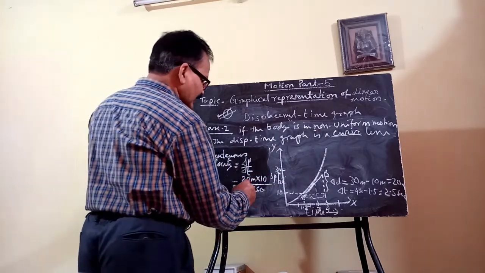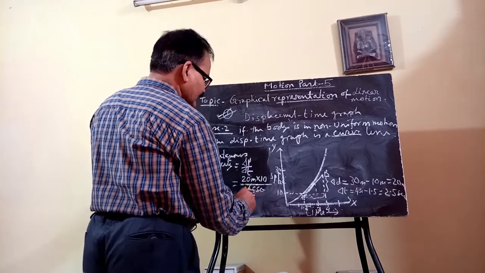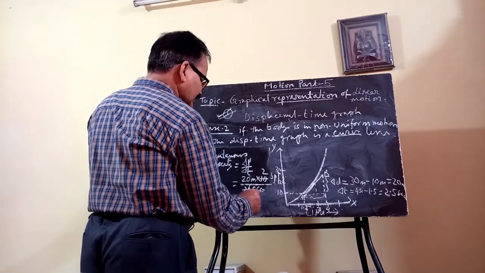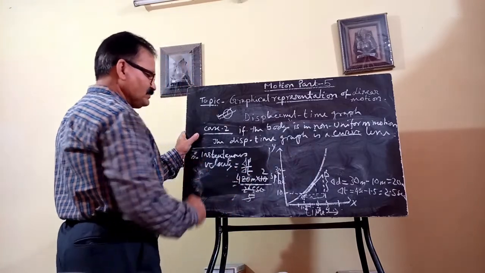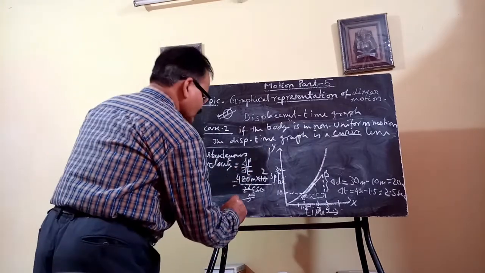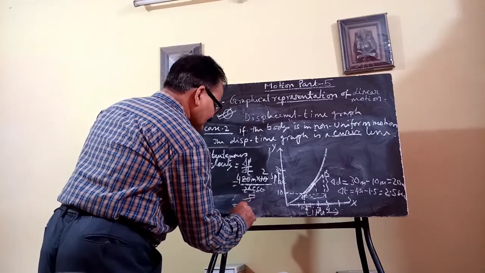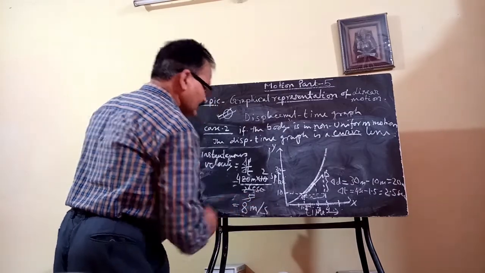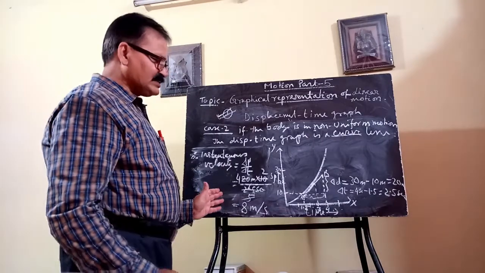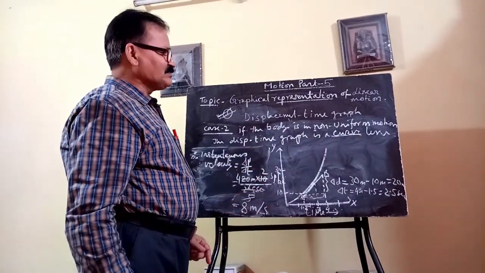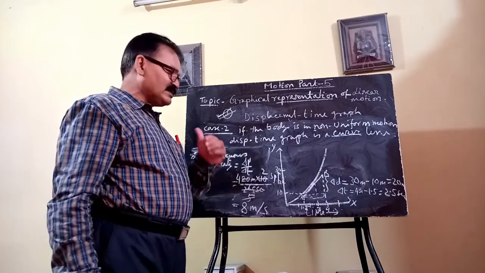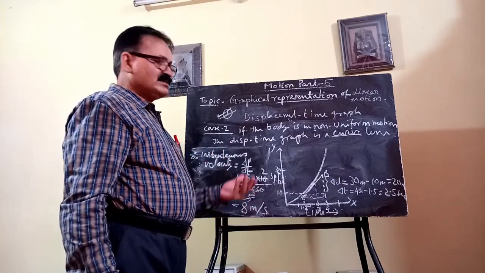After that, 5 2s are 10, 5 5s are 25, then 5 4s are 20. So this is your 8 meter per second, which will be the instantaneous velocity that you have obtained from the displacement time graph when the body undergoes non-uniform speed.